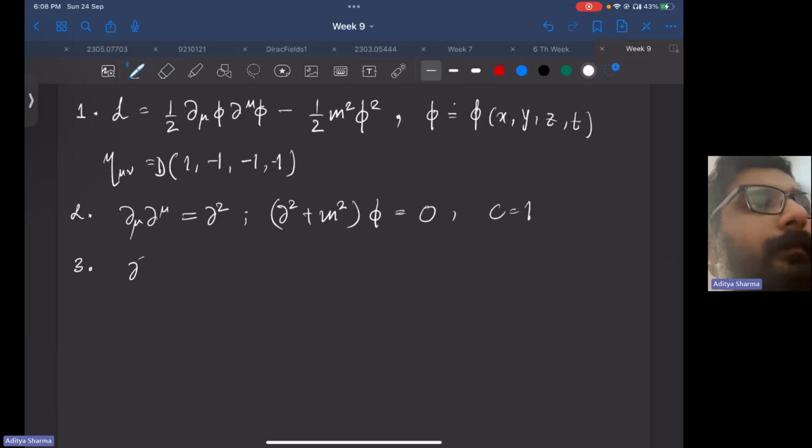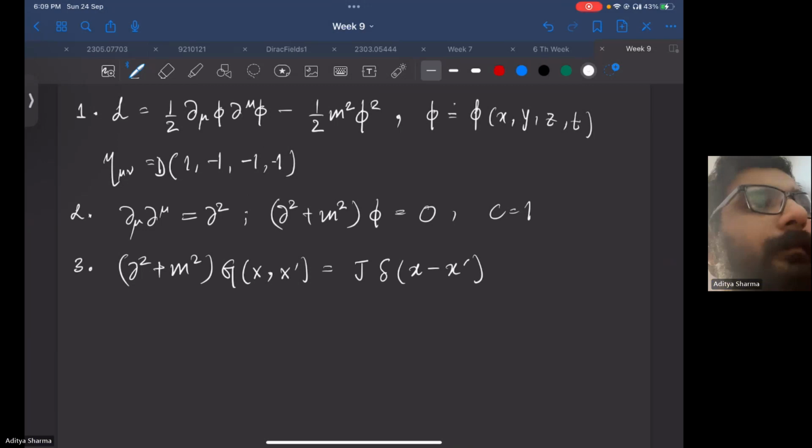The Green's function equation is del square plus m square times G is equal to delta. Now we have to be cautious in this. G of x, x prime is equal to some j delta. It will become clear to you why I'm doing this.